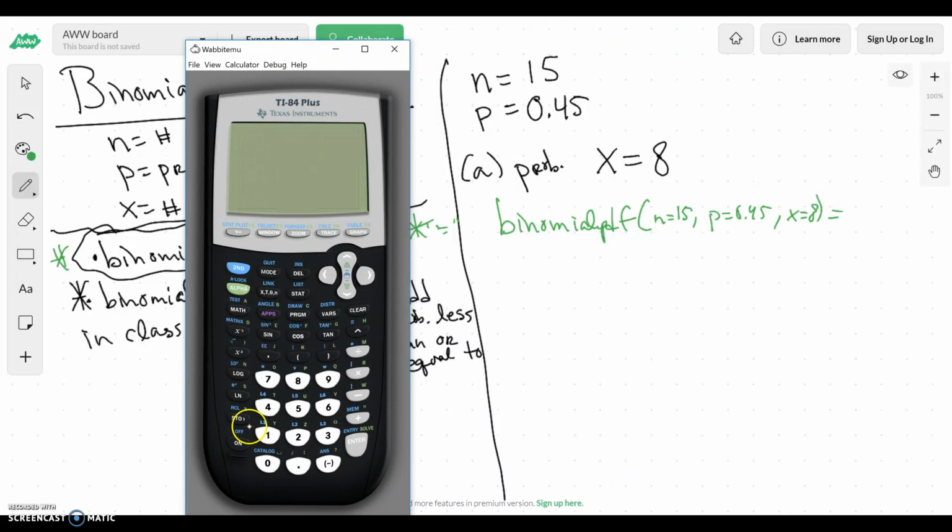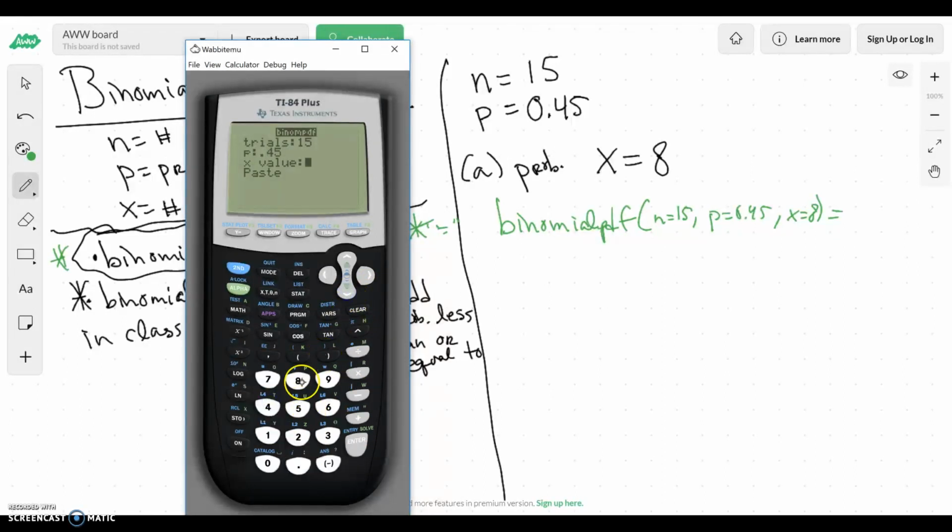If you have the graphing calculator, remember that what you want to do is press second vars. Then scroll all the way down to binomial PDF and press enter. This is a newer calculator, so I can plug in my N, my P, and my X. So this is going to be 15. Then I'm going to press down. It's going to be 0.45.